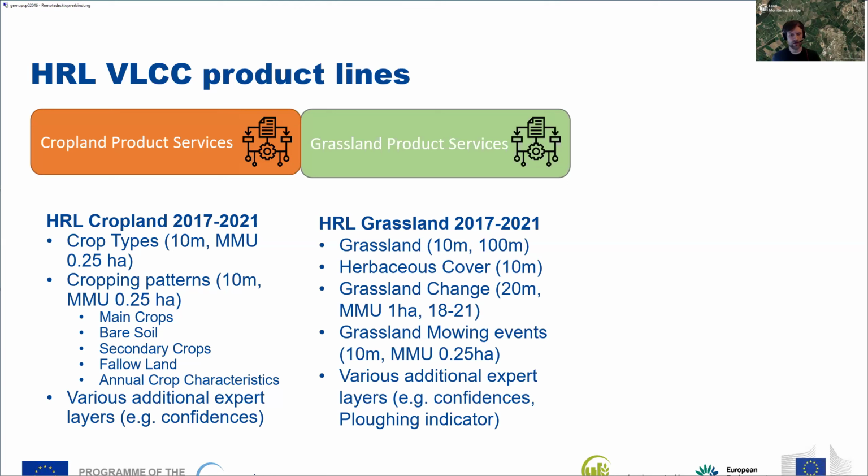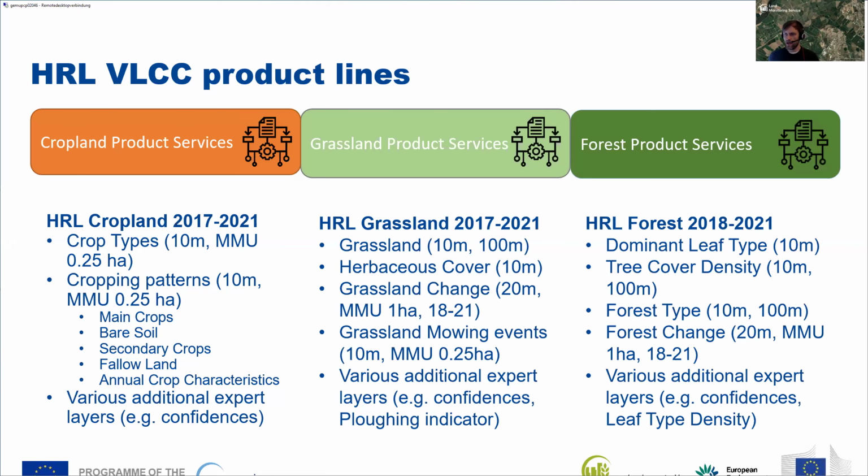Besides that, there are also further expert products provided, which provide the confidence values for each of the classifications of the specific grassland products, as well as the plowing indicator, which is also already an established product from previous HRL iterations.